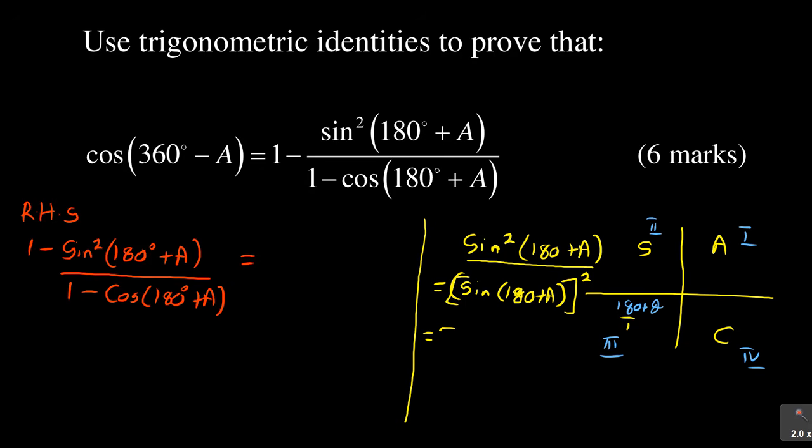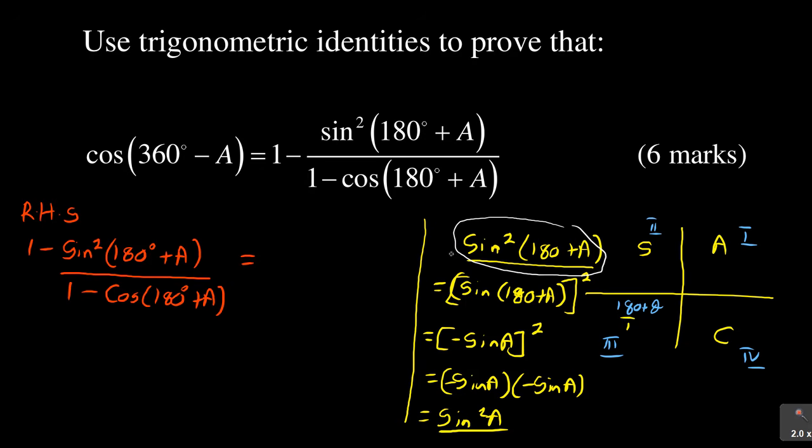So this becomes minus sin A, squared. Minus sin A times minus sin A becomes positive sin squared A. So sine squared of (180 plus A) reduces into sine squared A. This is how you use the reduction rule.